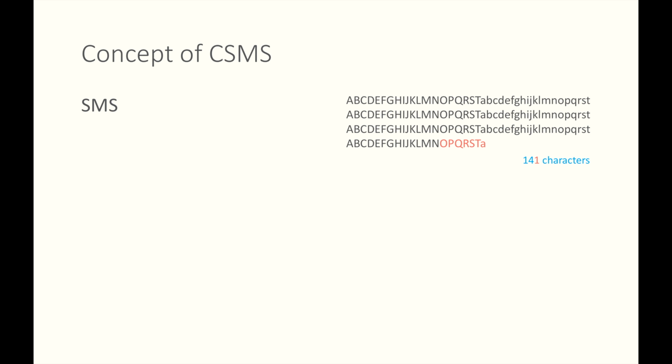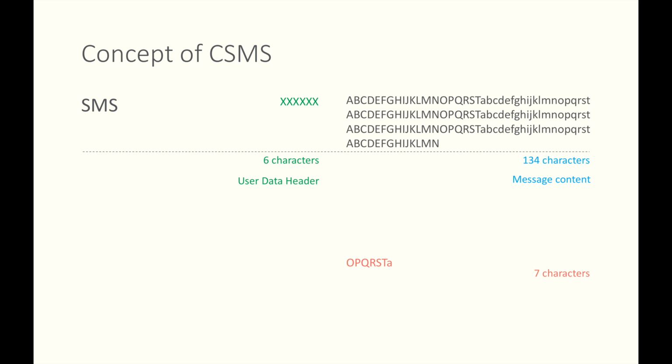The first part takes 134 characters, and the second takes 7 characters. As we know, an SMS can carry 140 characters. The first 6 characters contain what is known as the user data header, and the remaining 134 characters are allocated to SMS content, which is the case in the first SMS.